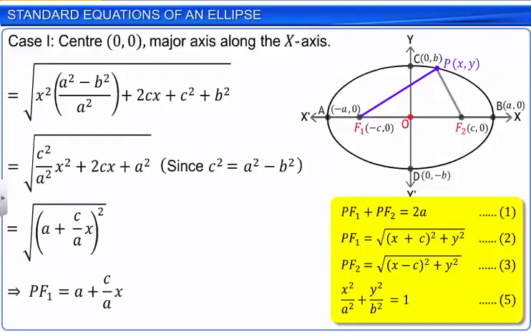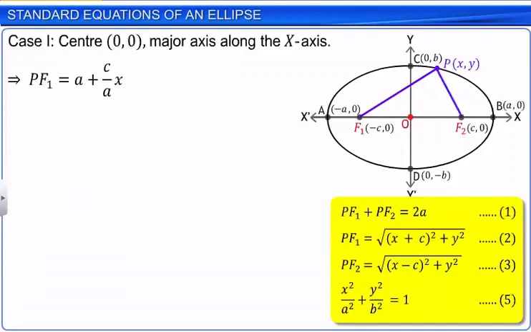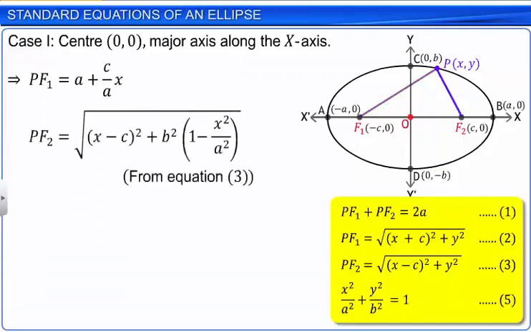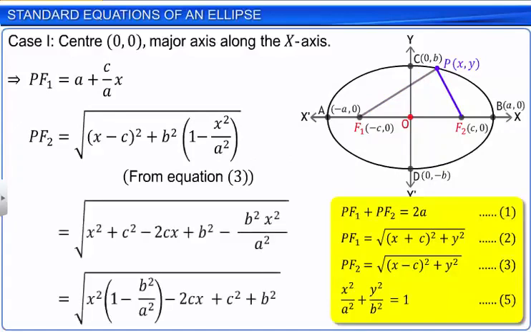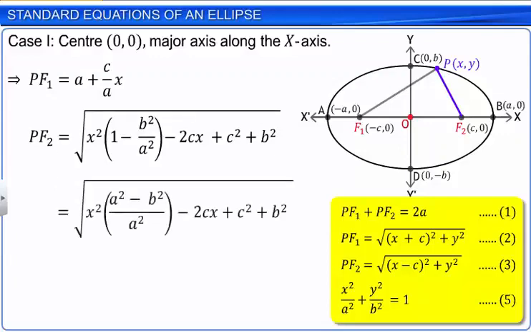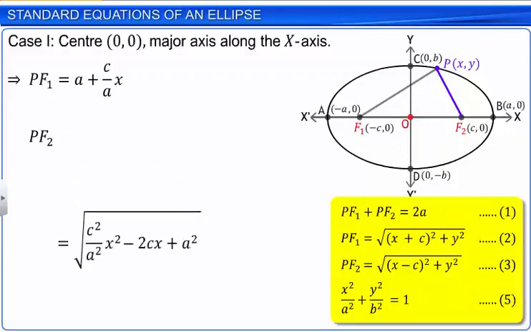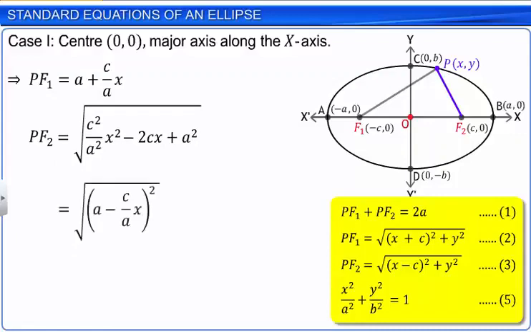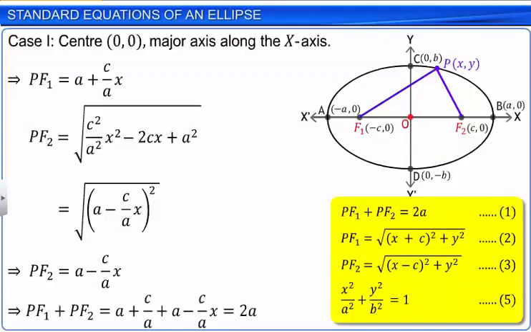Substituting the value of y square from equation 5 in equation 3 and simplifying, we get PF2 is equal to (a minus c upon a) x. Substituting these values of PF1 and PF2 in equation 1, we see that the geometric condition is true. Thus we can say that point P lies on the ellipse represented by equation 5.